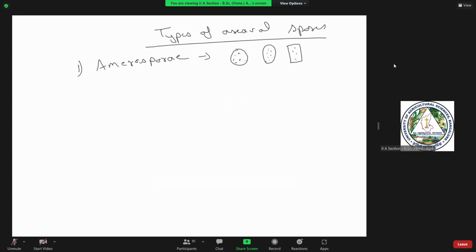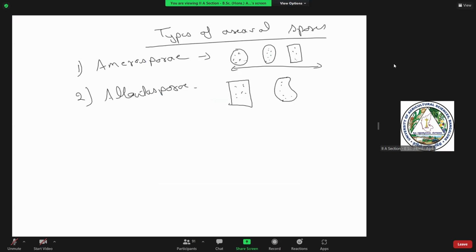All these are conidia, but of different shapes. Each species is known to produce different shapes and sizes. Second type is the allantospore, which has an allantoid shape, where they are cylindrical, or sometimes slightly curved.